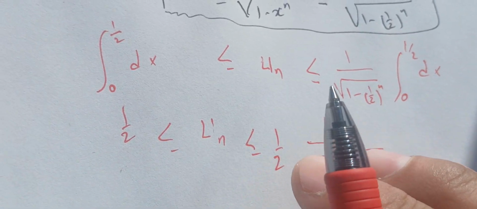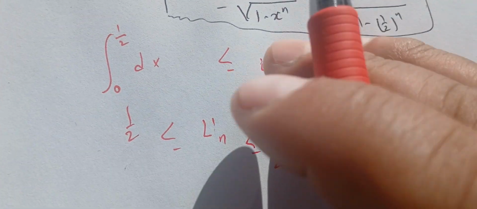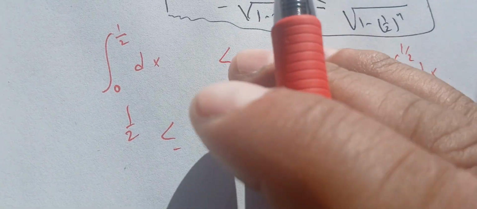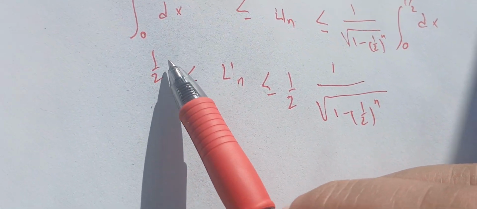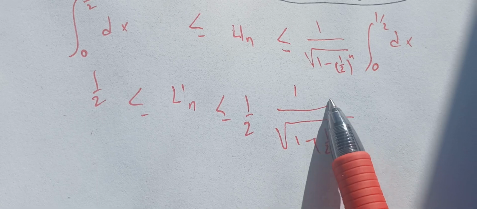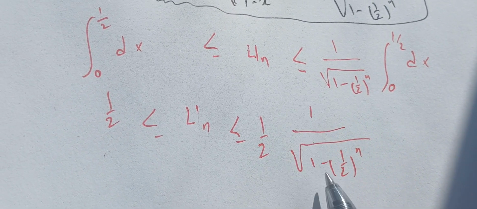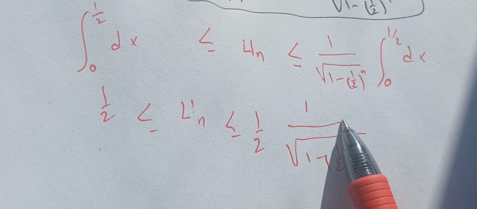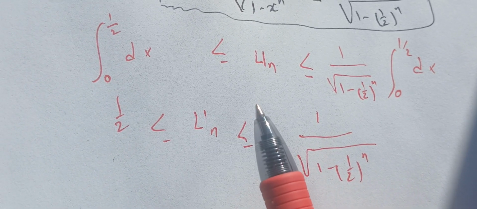Now I need to find the limit. So now I'm in the conditions of applying the squeeze theorem. I have this constant sequence and this sequence here. If I can show that this limit here is 1, that means my sequence has 1/2 as a limit.